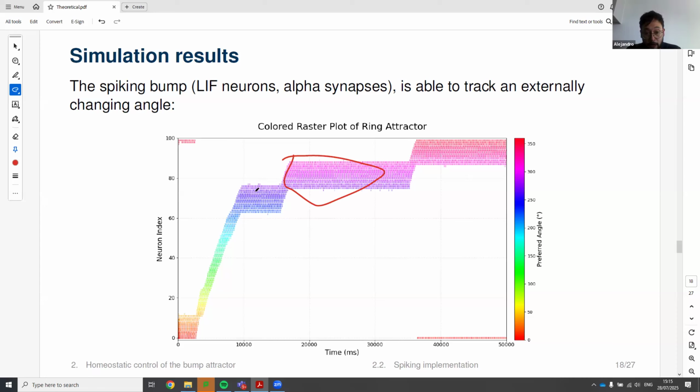And these are spikes. So this is the spike raster. So a little bit about the simulation: it's just normal leaky integrate-and-fire neurons with alpha synapses, and there is nothing strange.